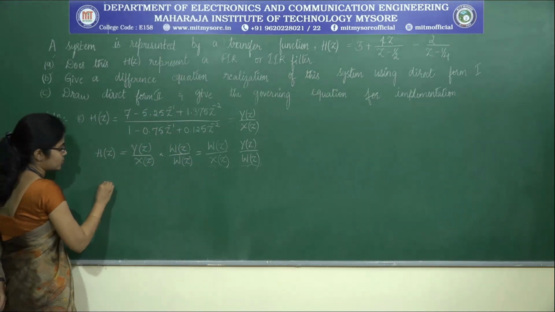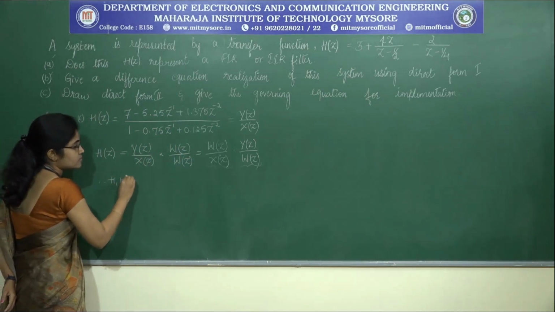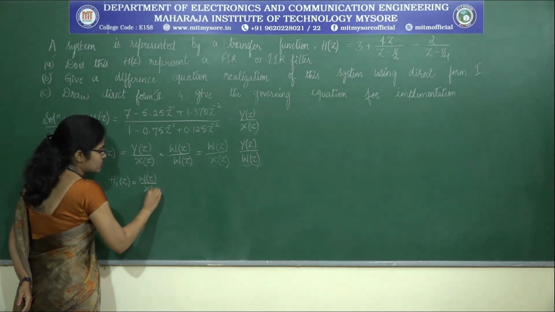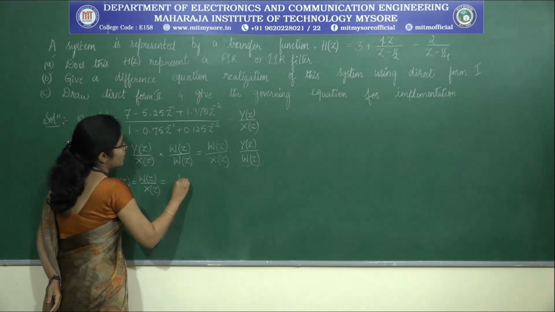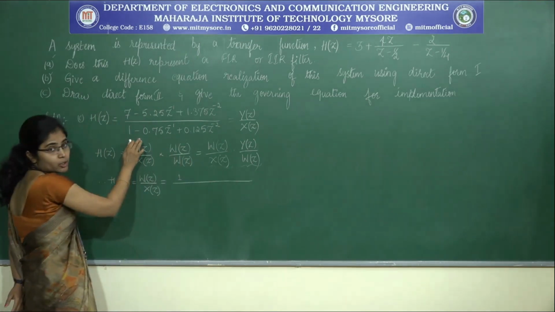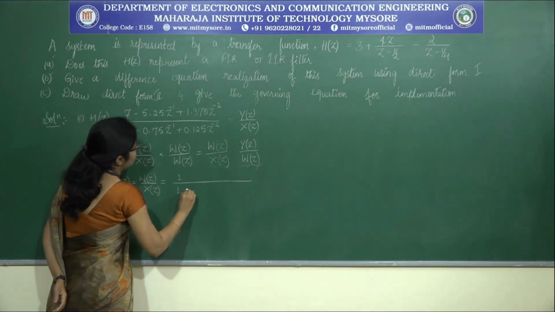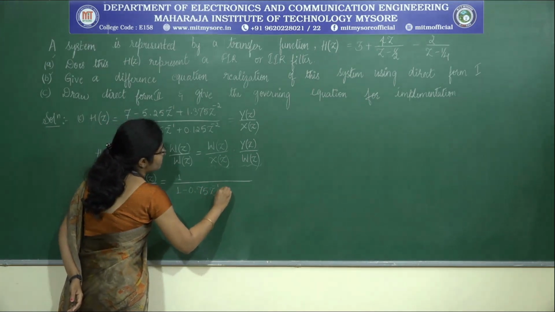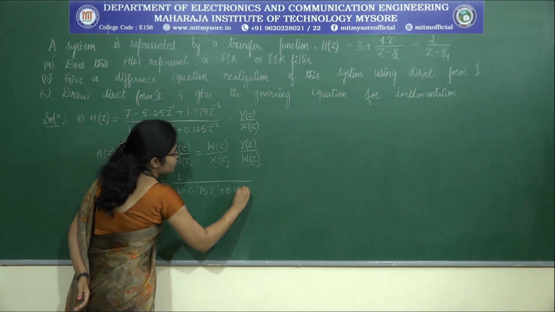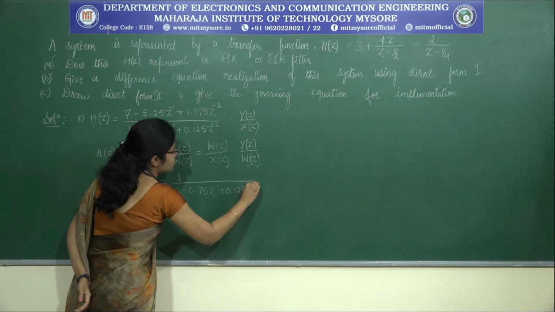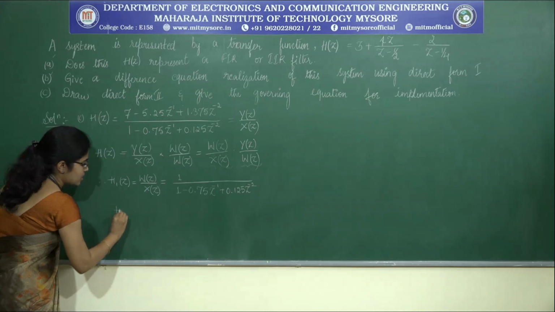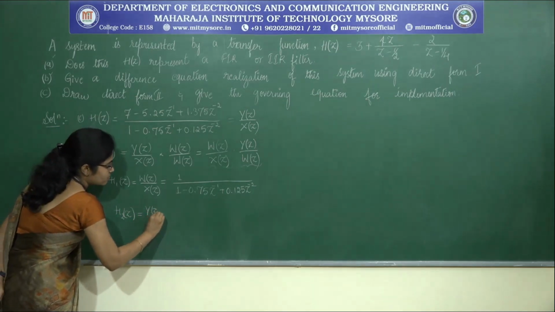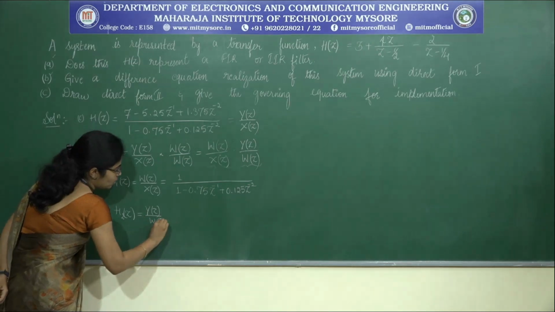So, H1 of z will be equal to W of z by X of z, which is equal to 1 divided by the denominator 1 minus 0.75 into z power minus 1 plus 0.125 into z power minus 2, and the next term is H2 of z, which is equal to Y of z by W of z.